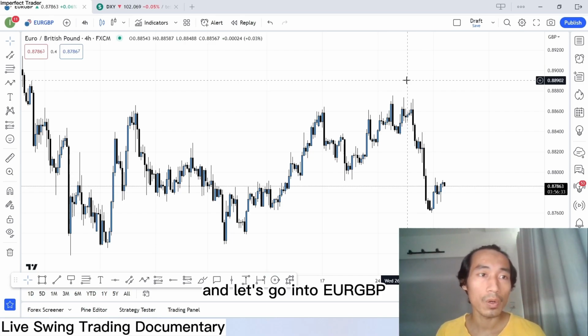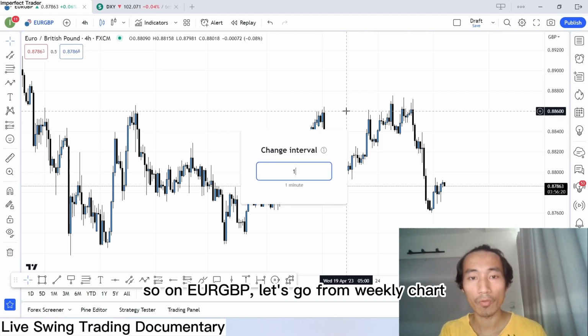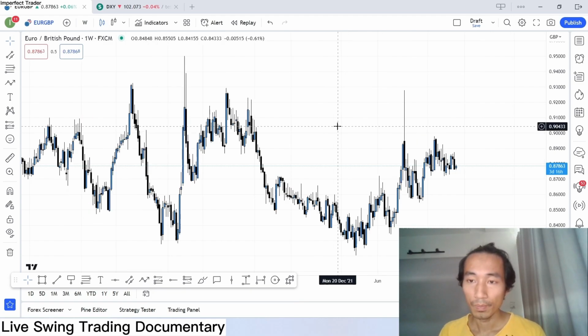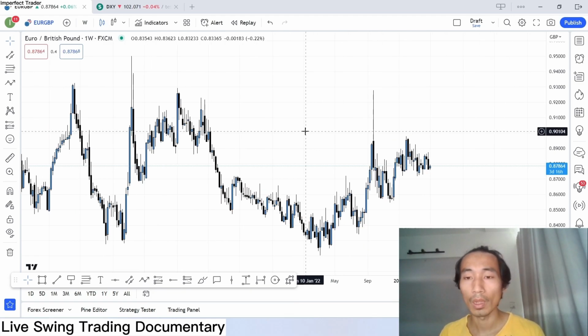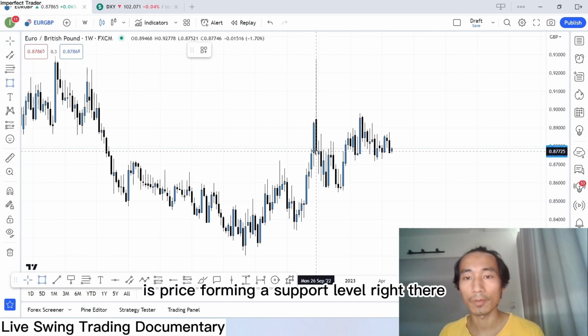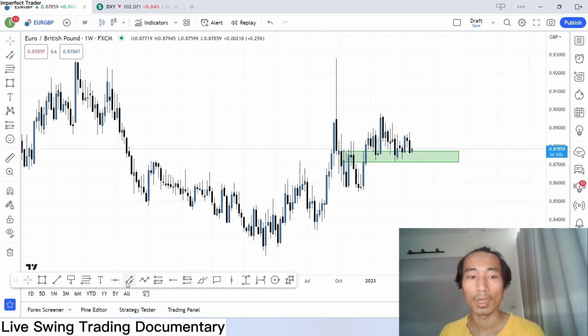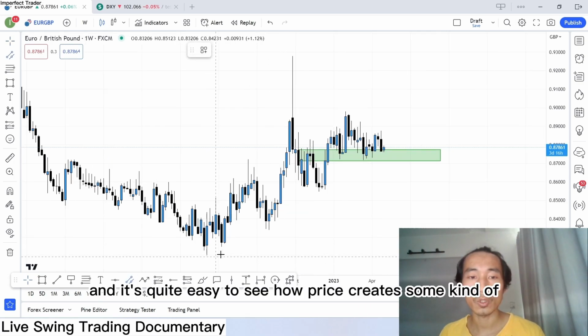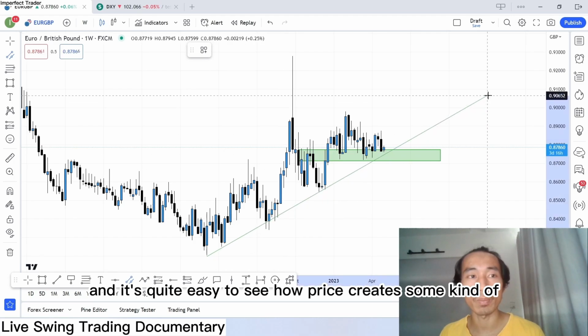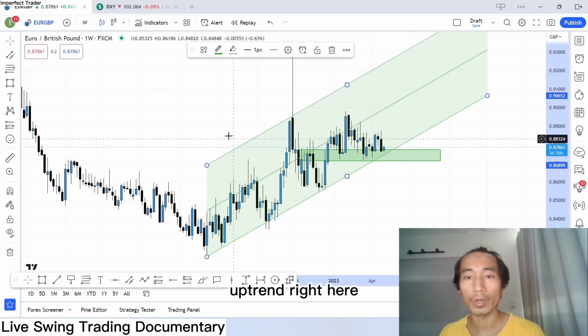And let's go to euro again, euro against British pound. So on EUR/GBP, let's go from the weekly chart. On the weekly perspective, what I'm seeing right away is price forming a support level right there, and it's quite easy to see how price created some kind of uptrend right here.